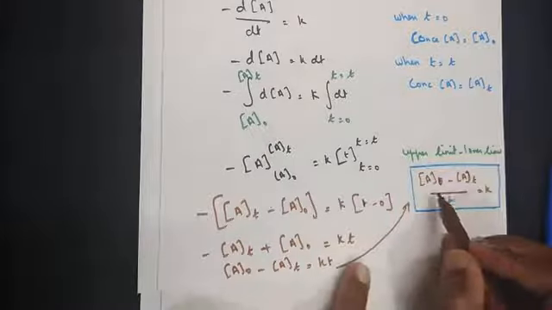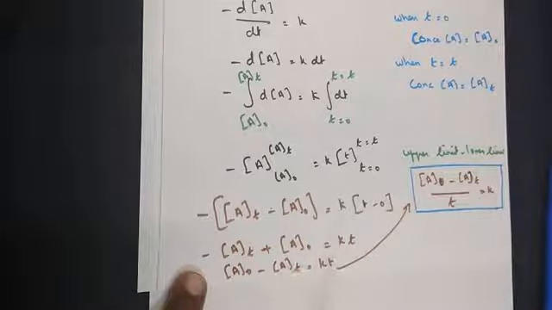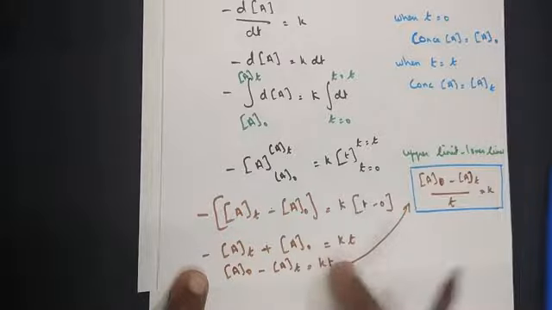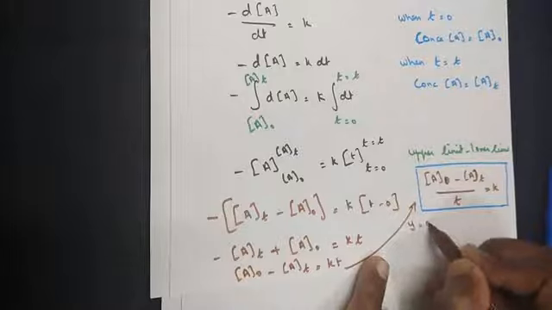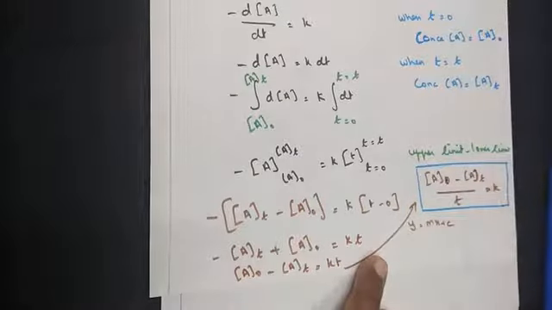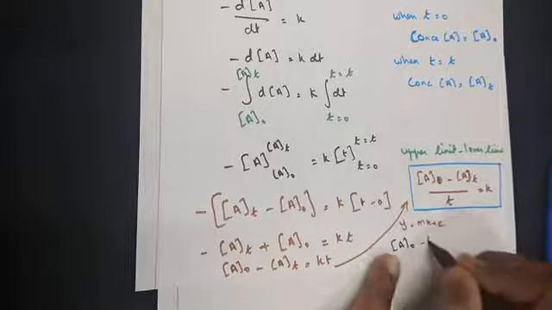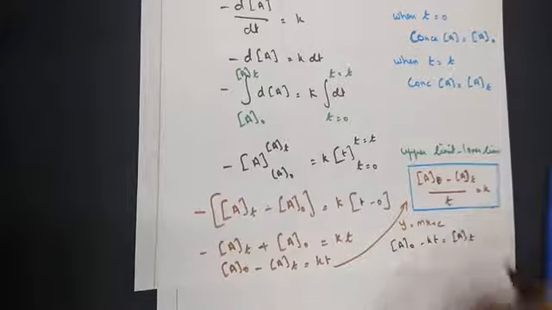Now if we want to rearrange this formula in the form y is equal to mx plus c, take the minus term to the other side and the intercept term to this side. So the same formula in the form y is equal to mx plus c can be written as A naught minus kt is equal to concentration of At.